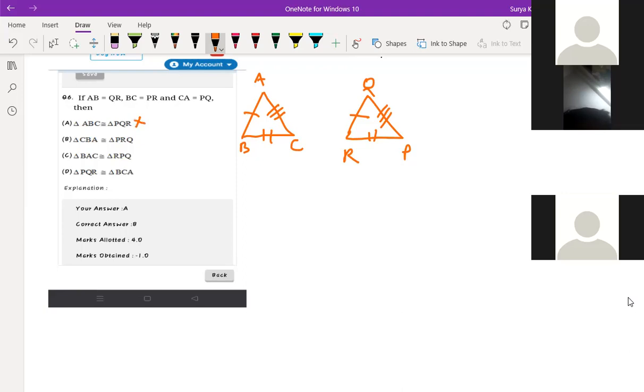And CBA is PRQ, this is only correct. See, Sai Charan, this is a very easy question. Yes, sir, CBA equal to PRQ is correct. What I told, the concept only, that only you should use, right? You should match that one the same way. Correct? Yes, sir.